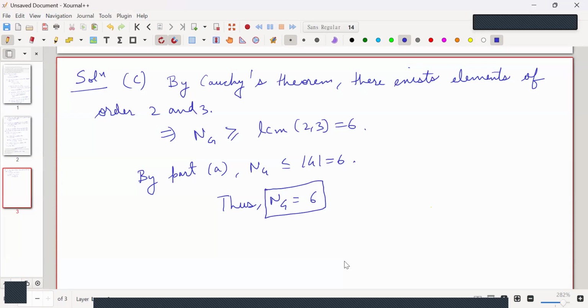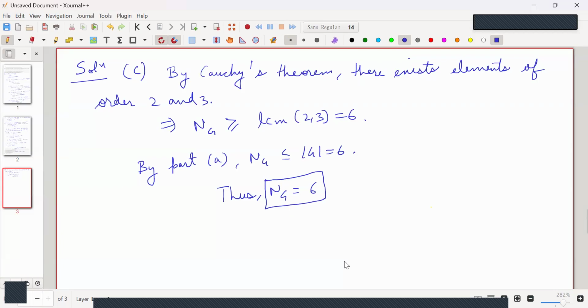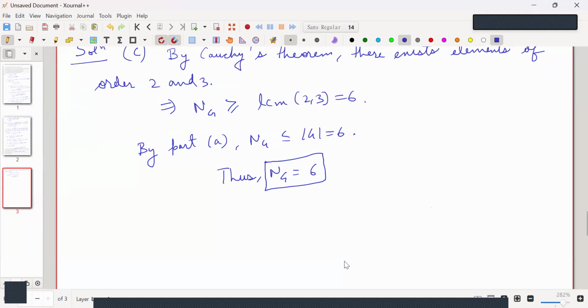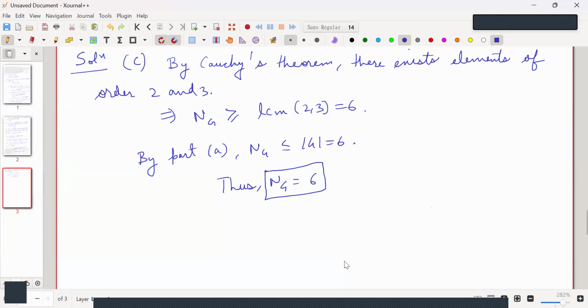So there are just two groups, and for both the groups, you know that Ng is 6, right? For S3, it is 6, and for the cyclic group of order 6, it is definitely 6. But the first step, that there are just two groups of order 6, requires a bit of work. So that's why this approach is better.